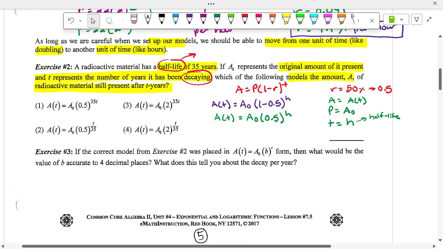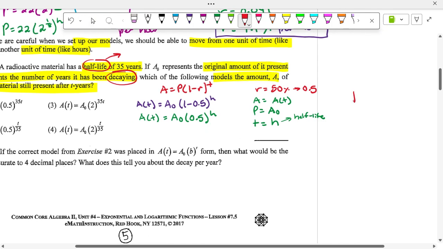Now, here's my question. How would I figure out how many years have gone by? In other words, if I halved it twice, how do I figure out how many years have gone by? How many years does it take for it to halve? 35. So if I halved it twice, how many years have gone by? 70.